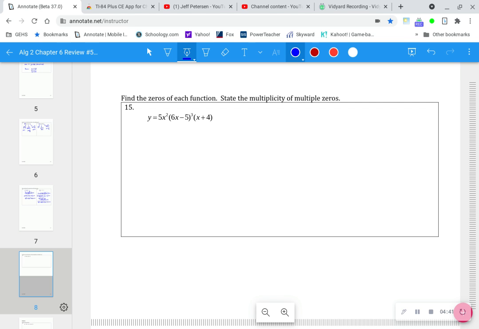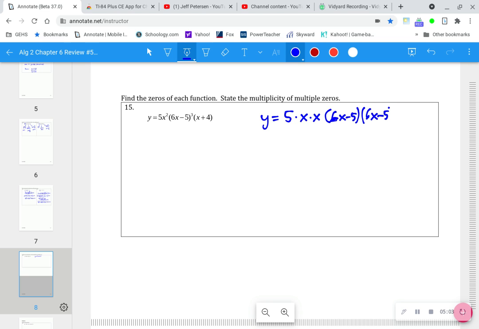Okay, so the last one here is actually pretty simple. And I'm going to show this problem written out the long way without the exponents because it'll help me explain it. And it's kind of tedious here.